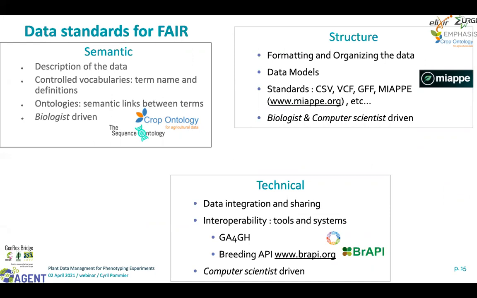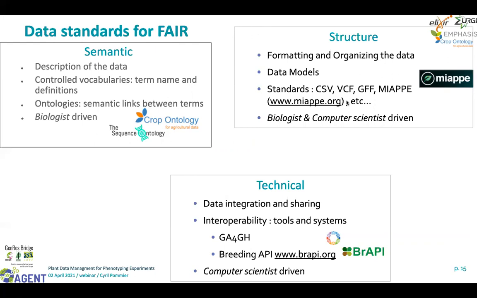And at this level, you go from controlled vocabularies to ontologies. The important thing is that to have efficient ontologies and controlled vocabularies, they must be mostly biologist-driven to really fit the needs of the end users.